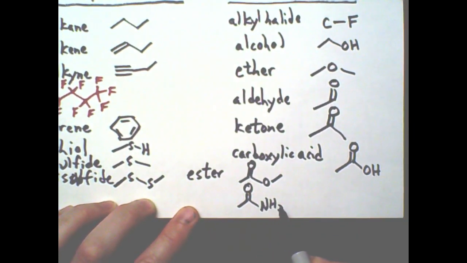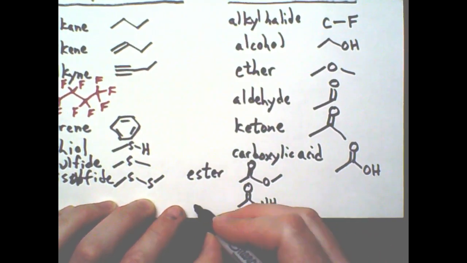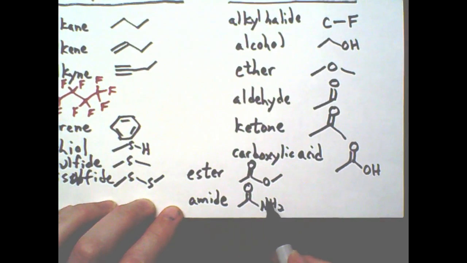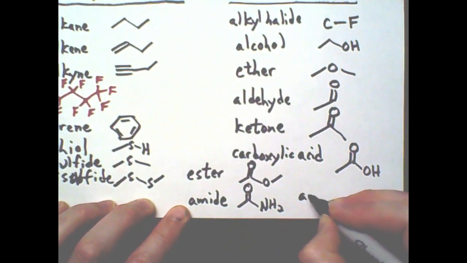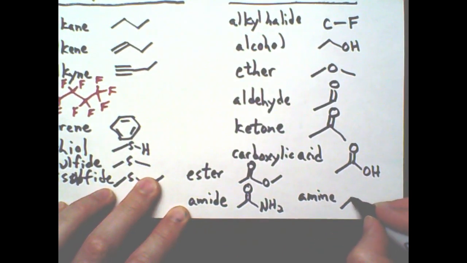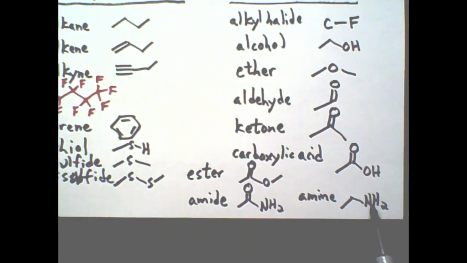You can see this has NHs, and you may remember the NHs can hydrogen bond. This is quite a polar group. Amines. An amine, when it has two H's and a carbon, that's quite polar.